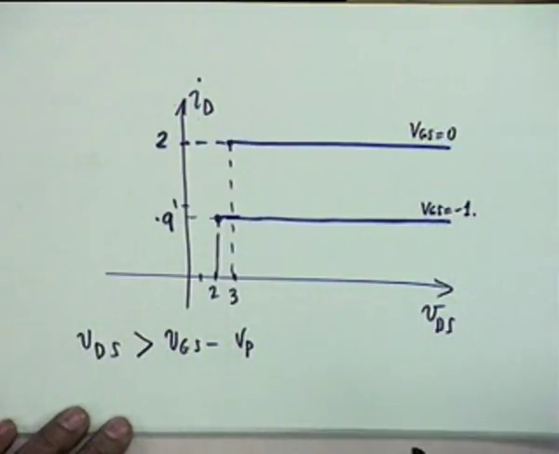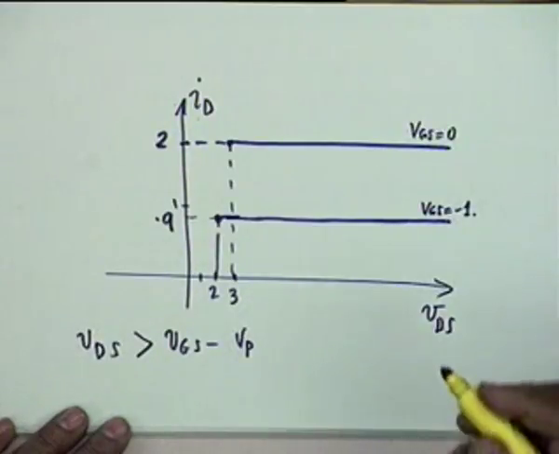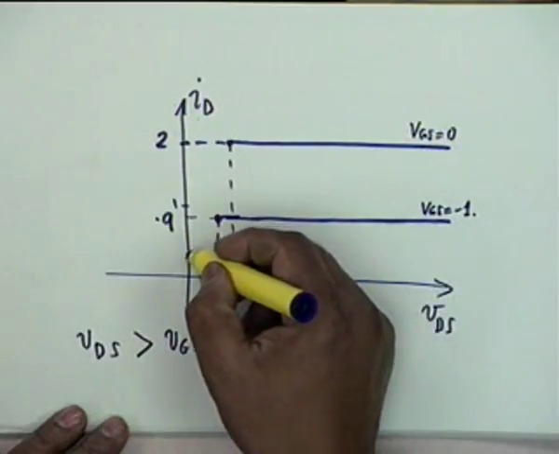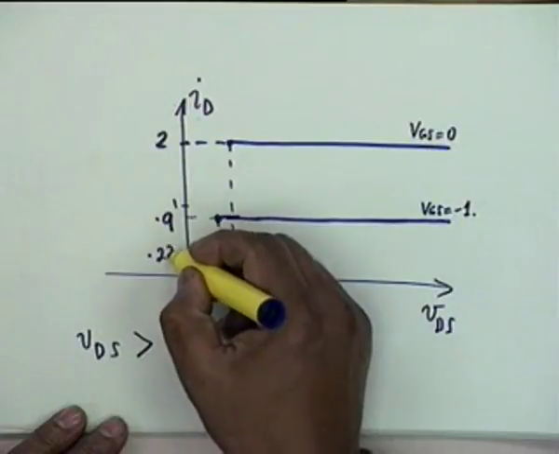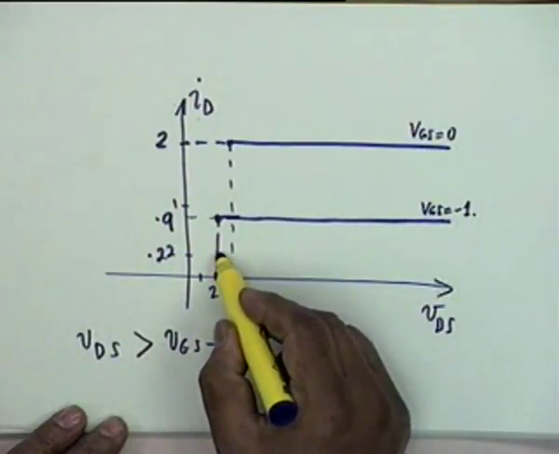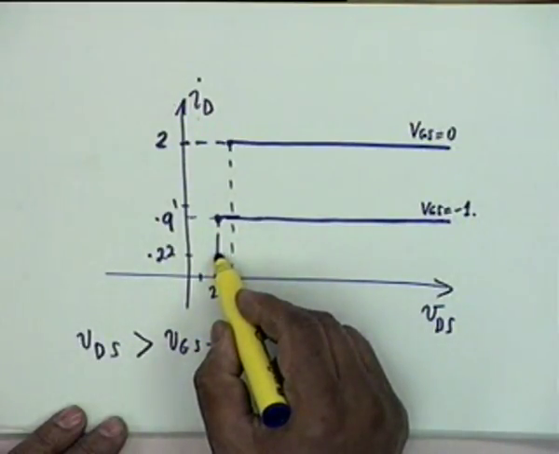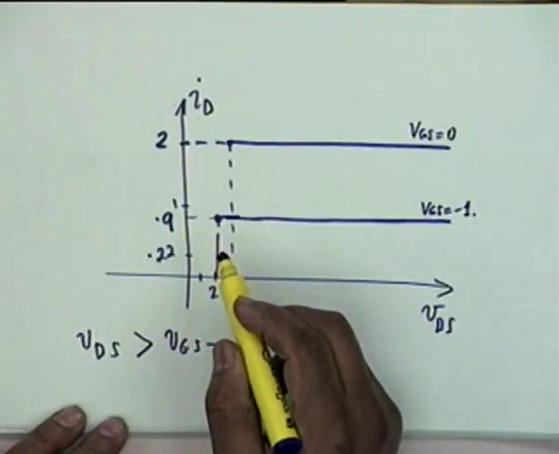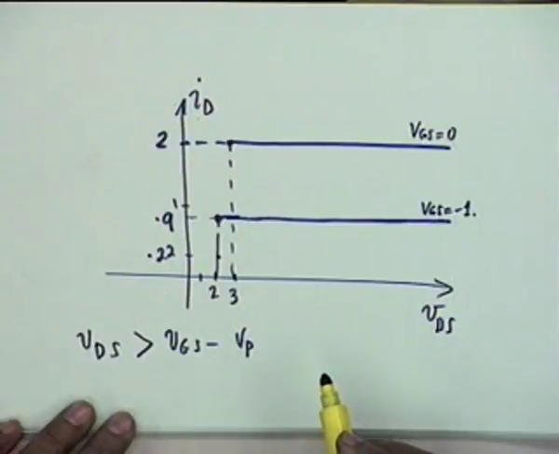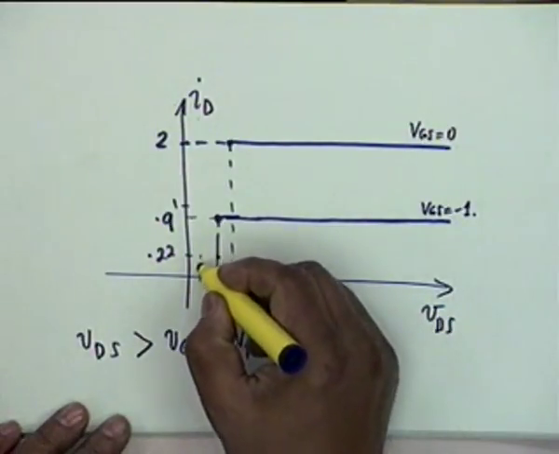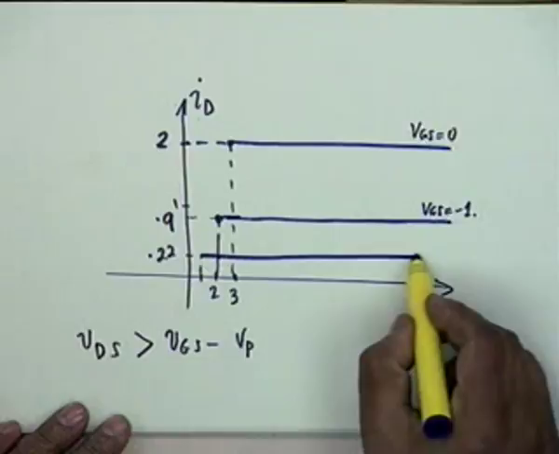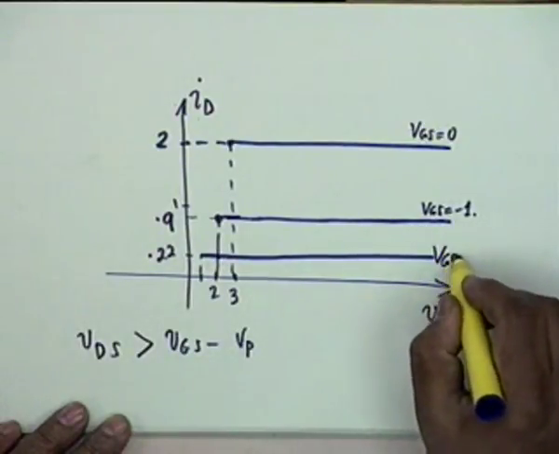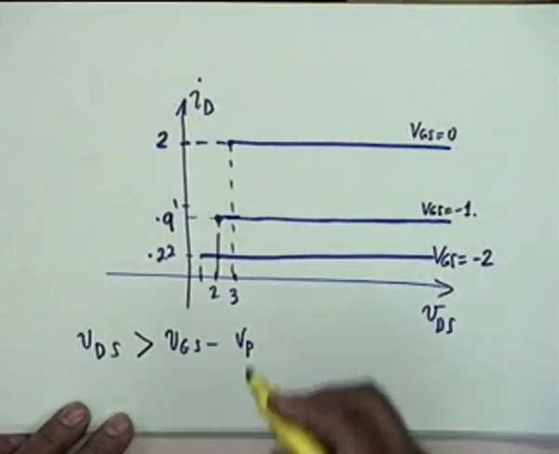Then let us take VGS equal to minus 2, the current is only 0.22. From which voltage shall it start saturating? 1 volt, and therefore from here it shall be a straight line for VGS equal to minus 2.